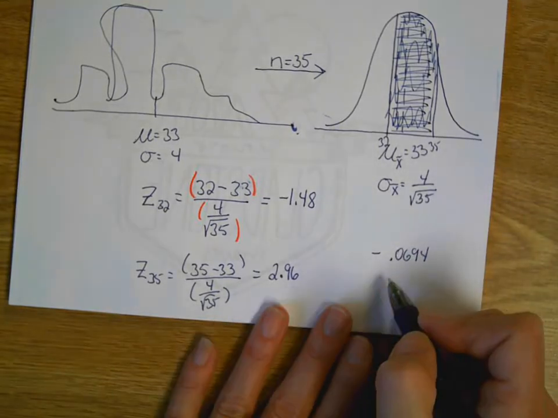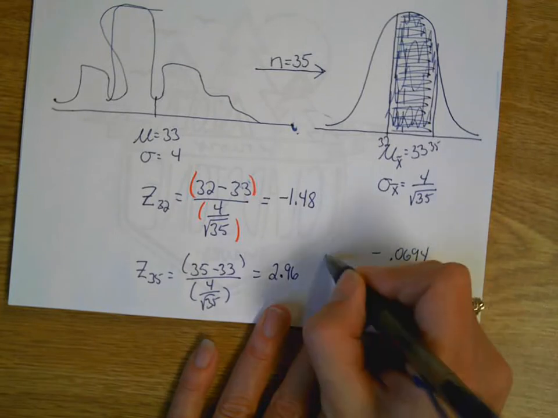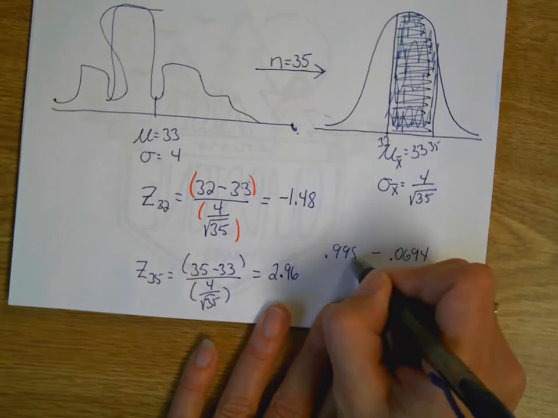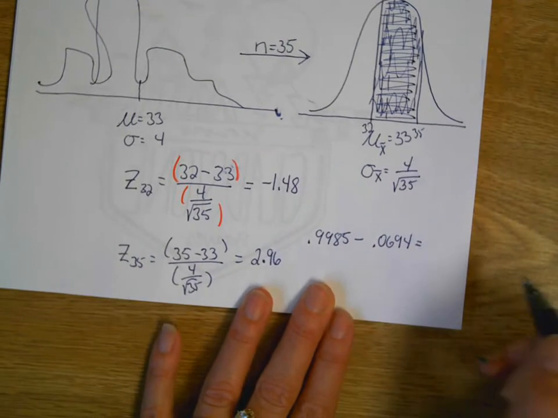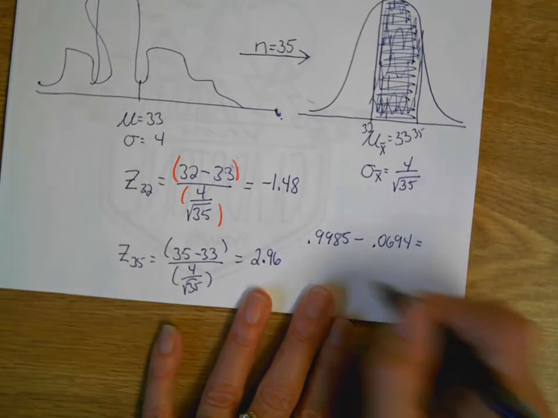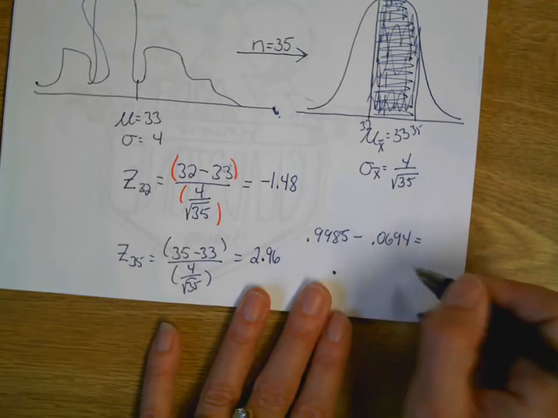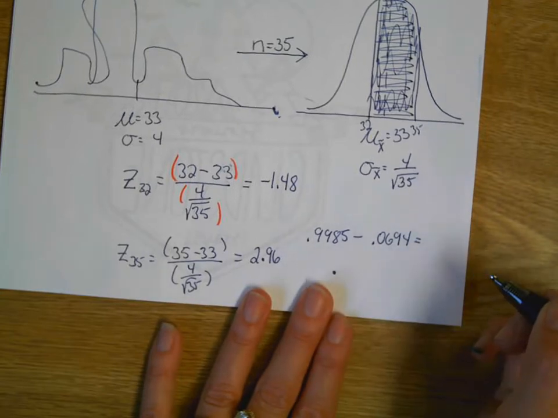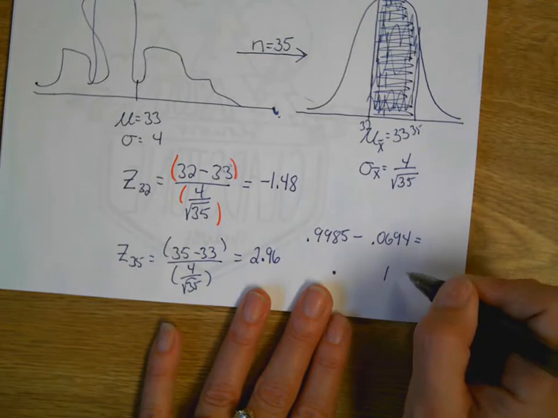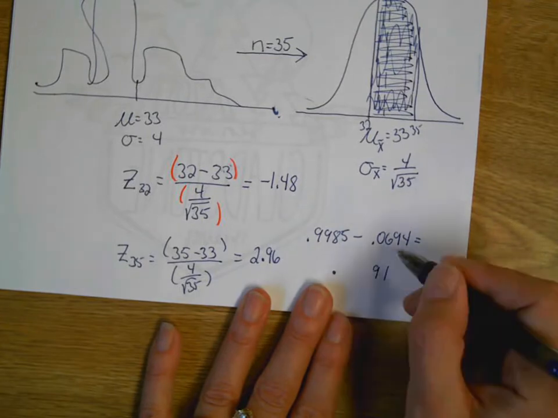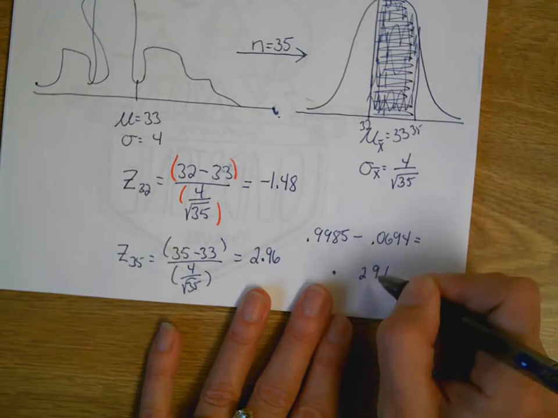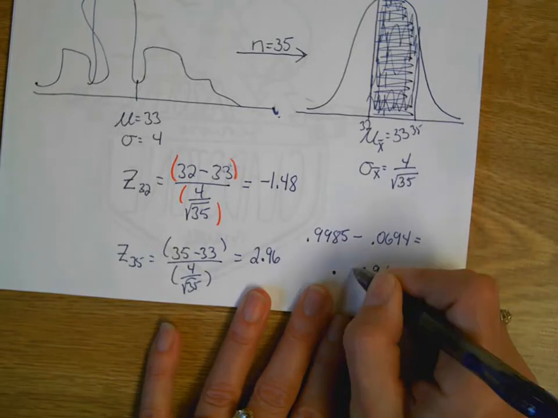What was it? Anybody look up the 2.96 one? 0.9985. Do a little subtraction, and then we'll have our probability. 0.9291.